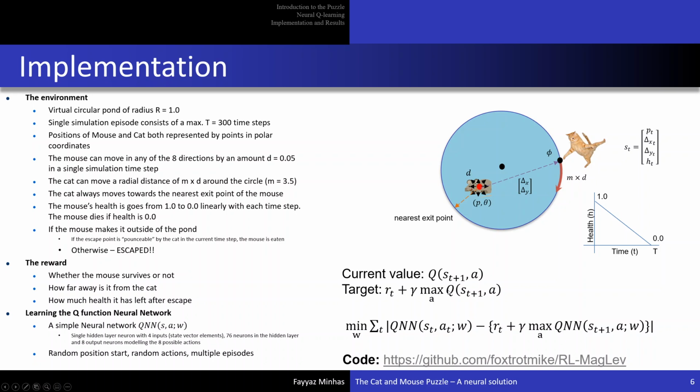Then the execution of this action changes the state, and at that point we get the target value, or the next Q value that we want. That target value is used as the neural network target, and we make the neural network learn this new Q value and update it from its current point. So that is how this whole episode works.